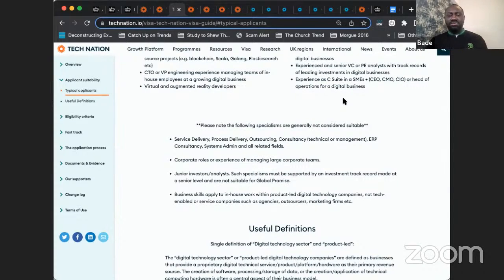If you're a consultant, but then you are working in a fintech, and you're actually the consultant that is building that fintech, or any other technology, if you're working in any tech-enabled digital technology, so I'm not just saying fintech, it can be anything at all, but as long as it's products, then you could likely qualify.